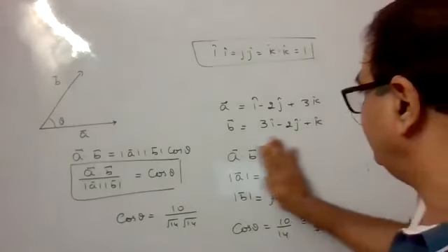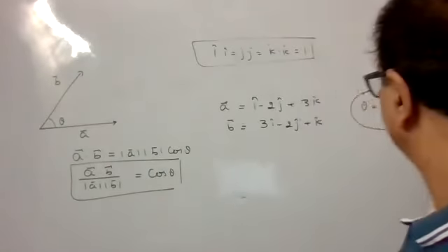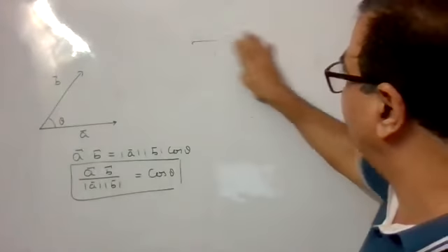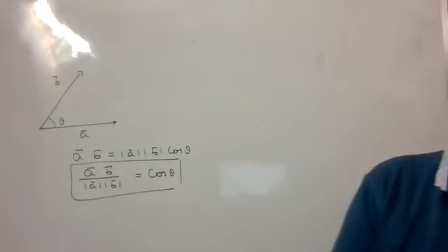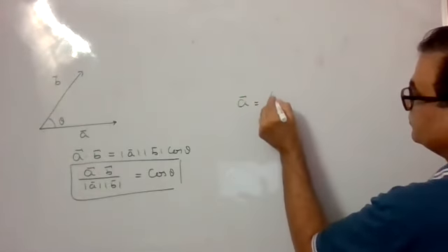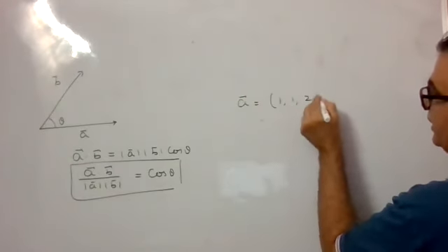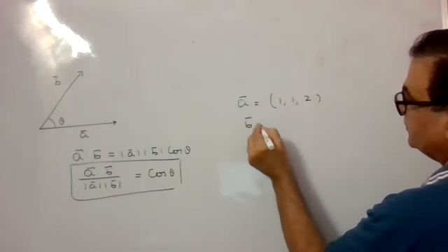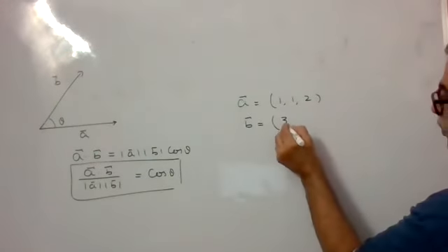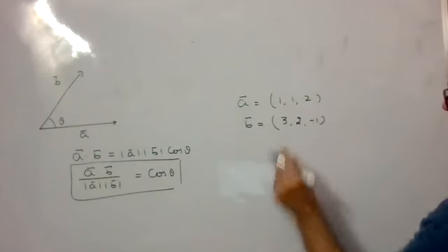If A vector is given as 1, 1 and 2, B vector is 3, 2 and minus 1.